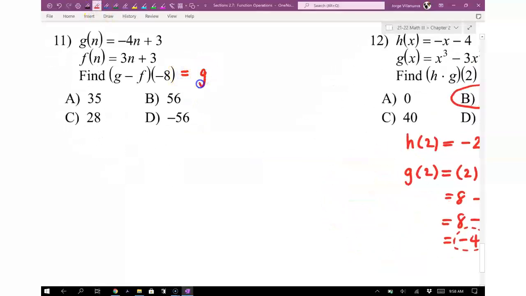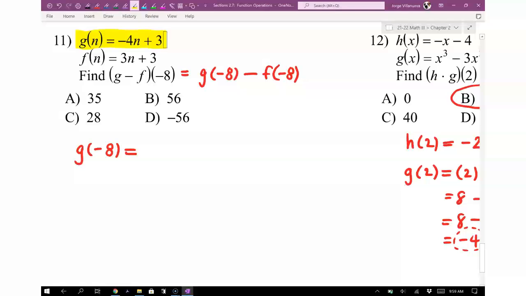this is g of negative 8 minus f of negative 8. So I got to figure out what is g of negative 8, what is f of negative 8, and then I'm going to subtract them. Okay? So let's see. g of negative 8 is, so here's the g of x function right there. Okay, I highlight it.